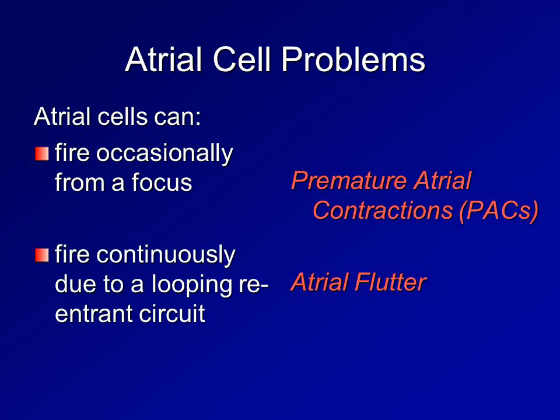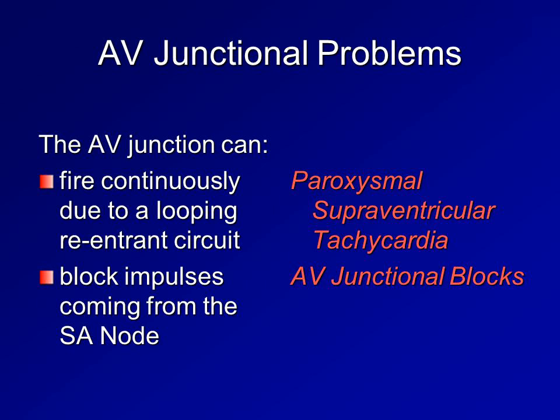Atrial cell problems: atrial cells can fire occasionally from a focus, or fire continuously due to a looping re-entrant circuit. Premature atrial contractions, PACs. Atrial flutter. AV junctional problems: the AV junction can fire continuously due to a looping re-entrant circuit, or block impulses coming from the SA node. Paroxysmal supraventricular tachycardia. AV junctional blocks.